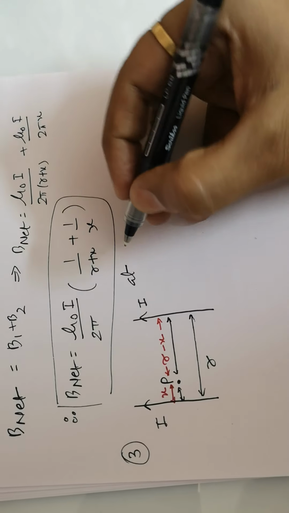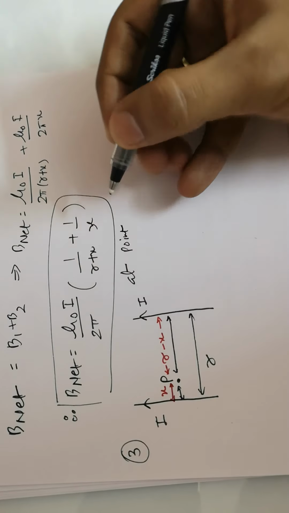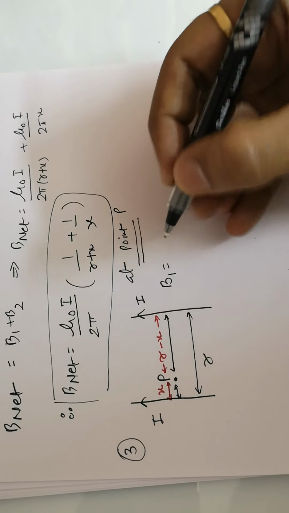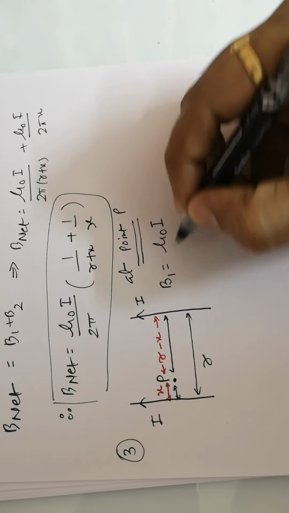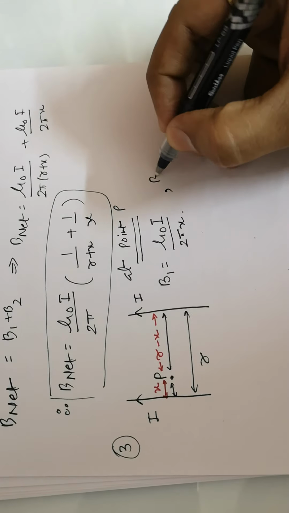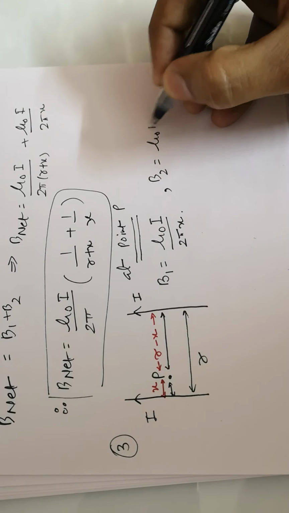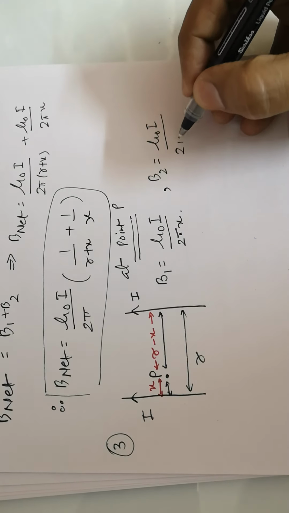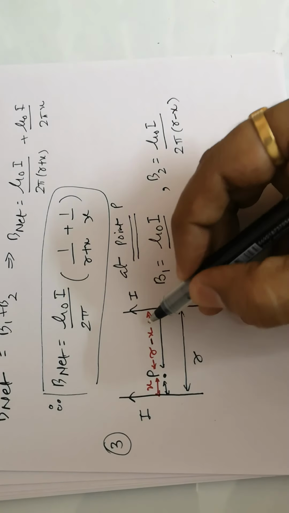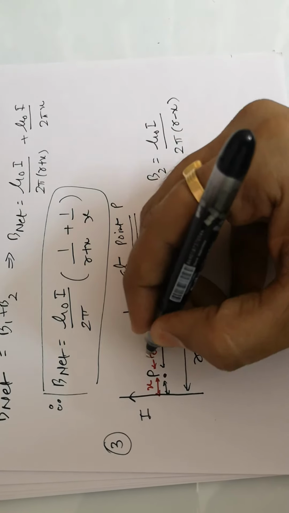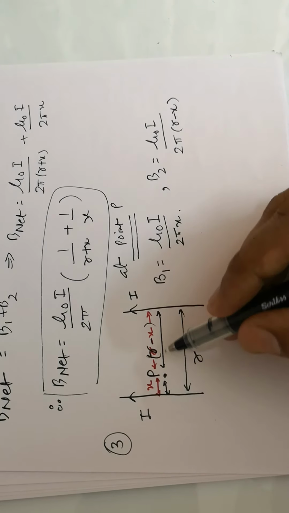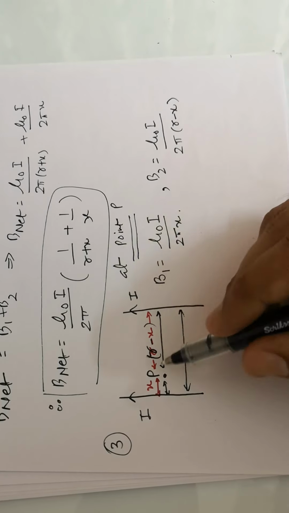Now I am just giving you a task at point P. So now you are quite familiar with this formula. First of all, B1 is mu 0 I divided by 2 pi, the distance is X, and for B2 it is mu 0 I divided by 2 pi, and that would be R minus X. So this is the distance you have, R minus X. But you know that for the first wire it is the rightward side, that is why positive, and this one is from the negative side.